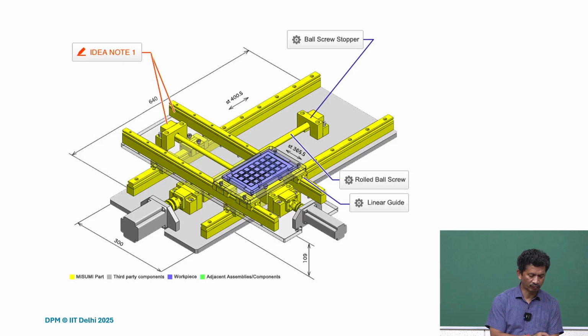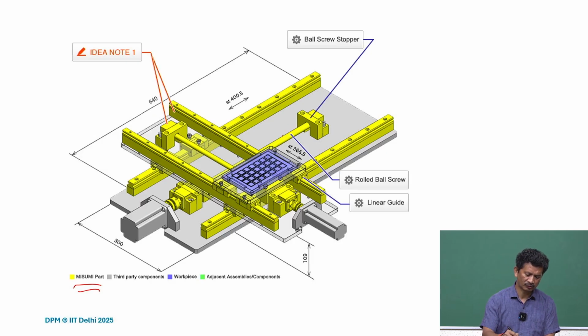Misumi is one of the companies where you can buy all the precision components. With respect to Misumi, one may say that they may not build the entire machine, but using the components from there, you can select and assemble, and make your own precision stages for your own application.